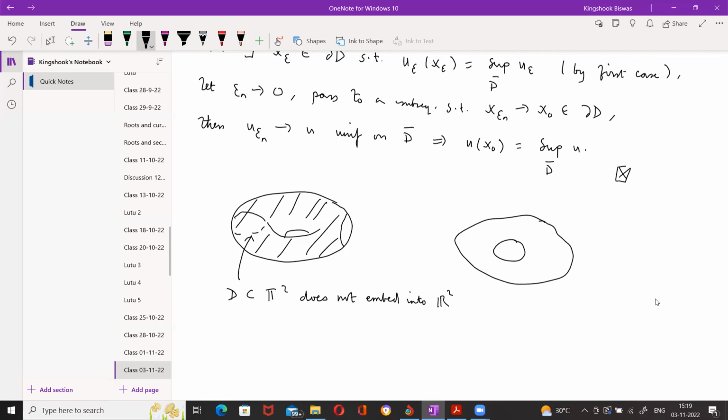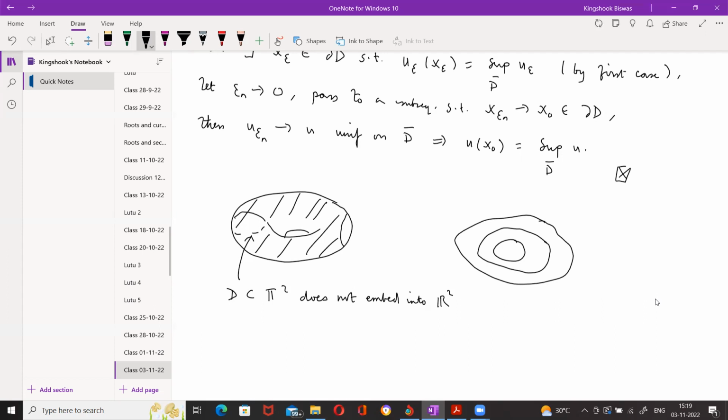So if I take a Jordan curve here, suppose there was a homeomorphism. When I remove this curve, by the Jordan curve theorem, I'm going to get two components, at least one component. So the domain has to disconnect when I remove this Jordan curve.